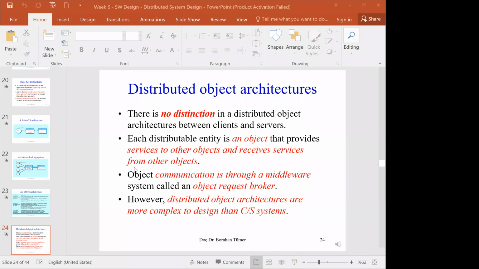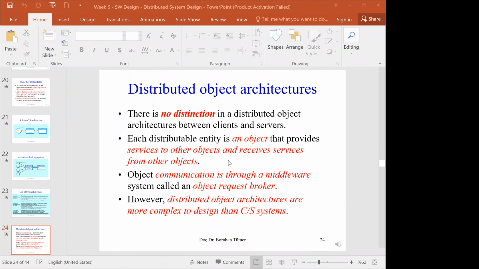Each distributable entity is an object that provides services to other objects and receives services from other objects. Object communication is through a middleware again, but this time this middleware is called an object request broker.